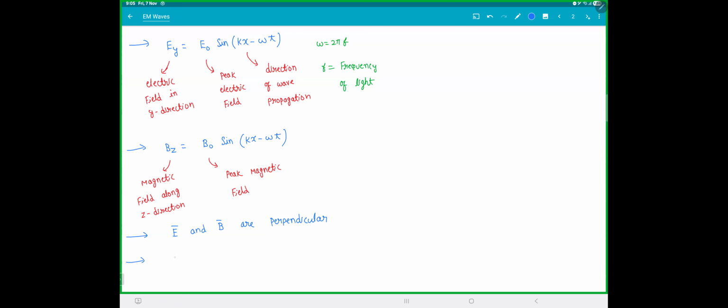E and B are in phase. Look at that. Both are sine kx minus omega t. That means when E goes to maximum, B also goes to maximum. Perpendicular direction and phase have nothing to do with each other. So when you say in phase, it means E and B increase and decrease together. So when E goes to maximum, B also goes to maximum.